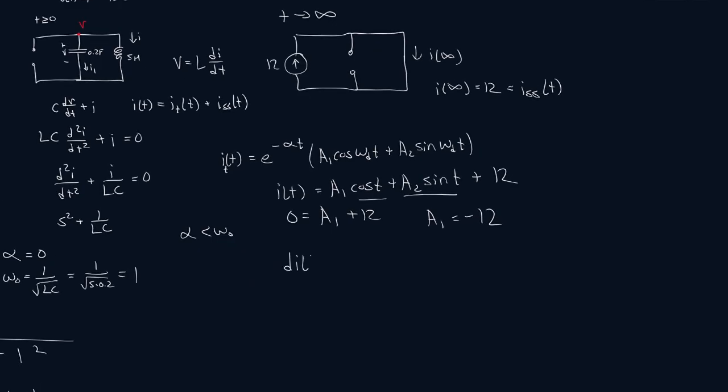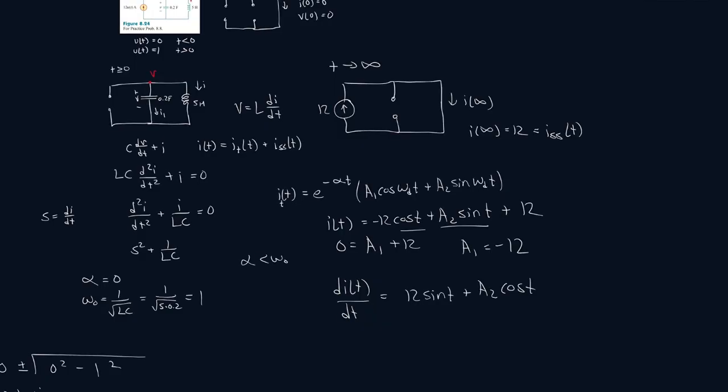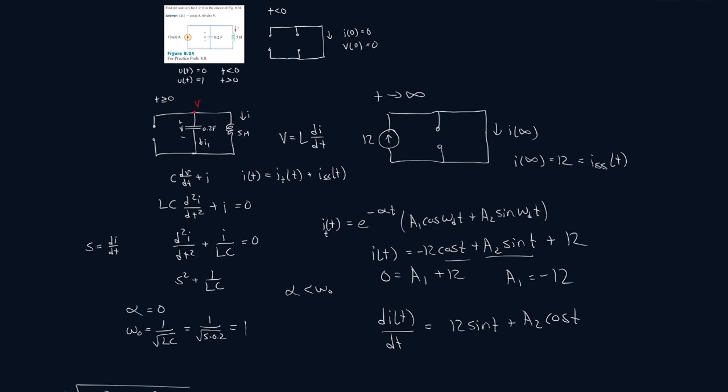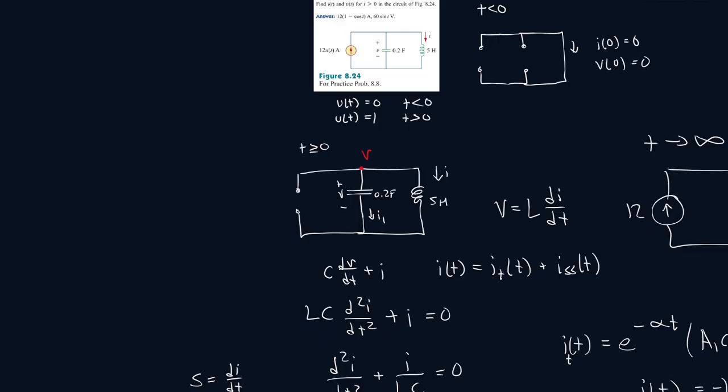So I'm going to differentiate all of this. So this is now minus 12 times minus sine t. The negatives obviously go away. Plus A2 cos t, and then 12 turns into a 0. Now we have to find di over dt, and we can actually find that easily using the following formula: V over L equals di at 0 over dt.